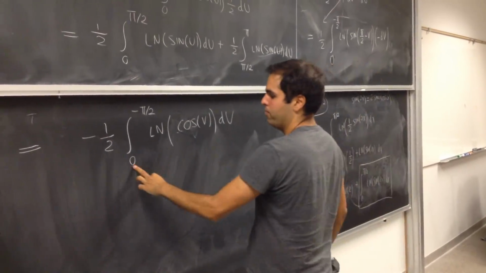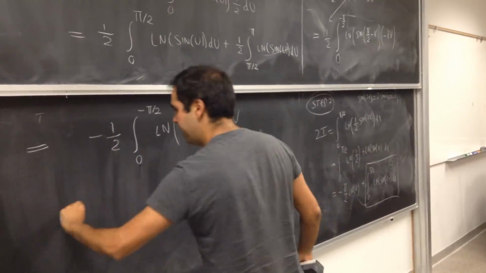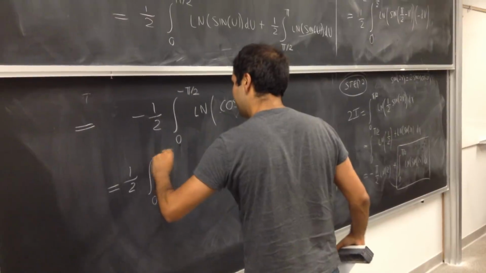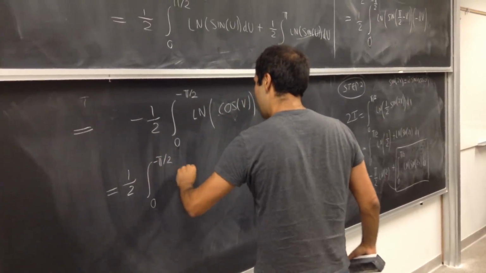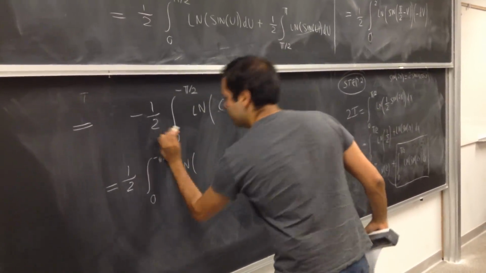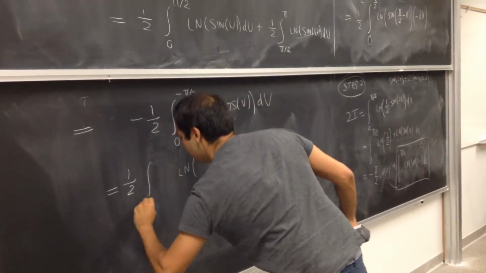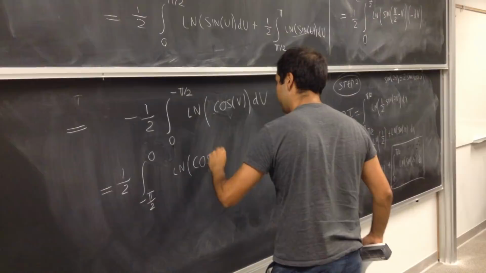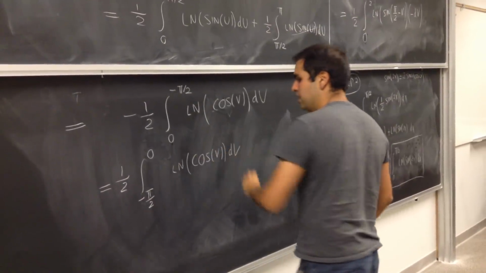Now, weird orientation, no problem, it cancels out with this minus. So we get the integral from minus pi over 2 to 0 of ln of cosine of v dv.